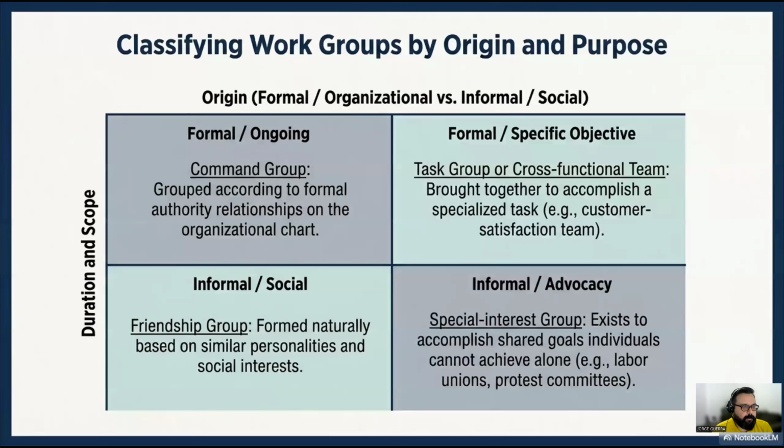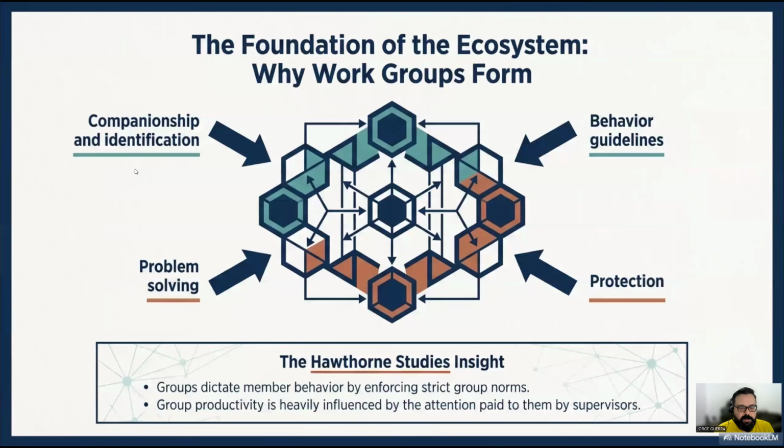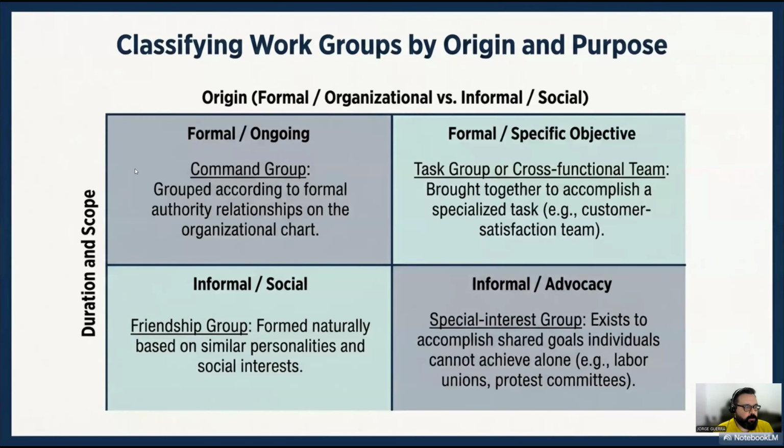Now, if we go to this one here, this is why work groups are formed, whereas the previous slide represents how groups form naturally. This is why work groups are created in the workplace.